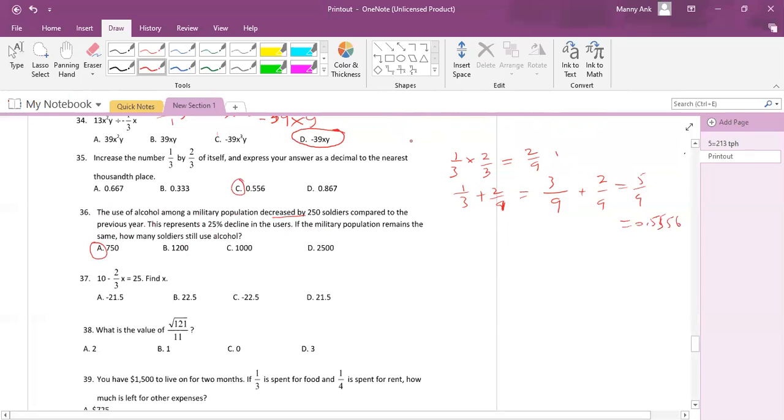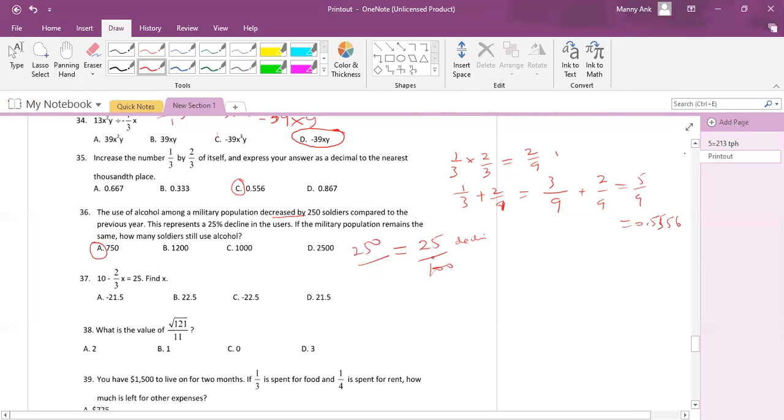So what you have to do here is to find, the decrease is 250, right? And this represents a 25% decline. You can set the proportion up. So 25% out of 100, that's a decline, and this is equivalent to 250. So 250 out of how many people?